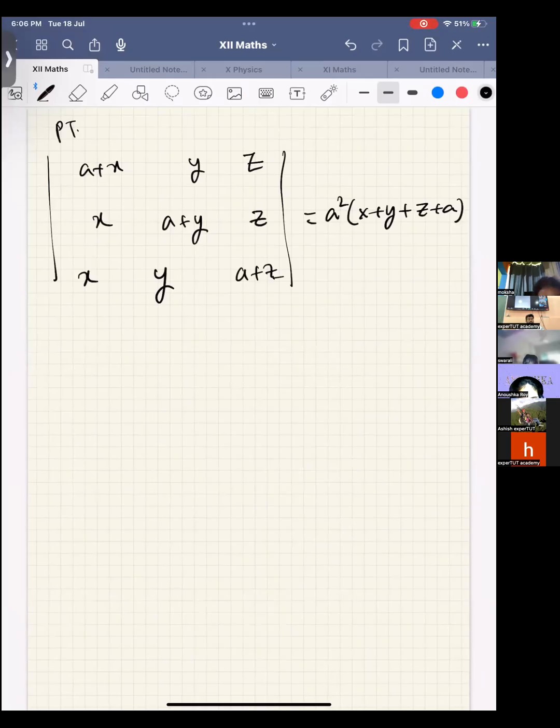Sir, what if you add all the columns? Correct. You add all the columns.